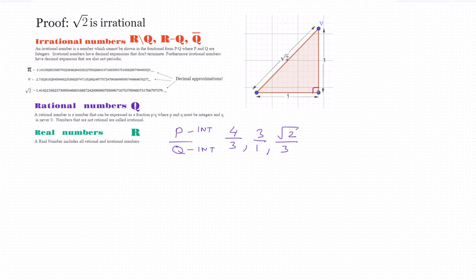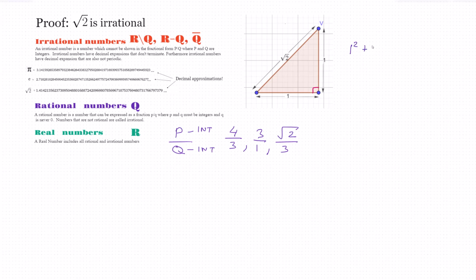Let's now start with the proof of what root 2 is and why it's irrational. Well, how do we get root 2? The Greeks figured out a long time ago: if you have a right triangle and each side is of length 1, you can measure the hypotenuse. It's going to be this funny number, which is going to be the root of 2. Let's just do the simple Pythagorean theorem.